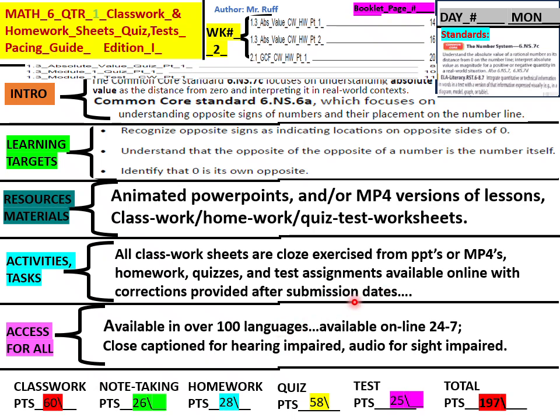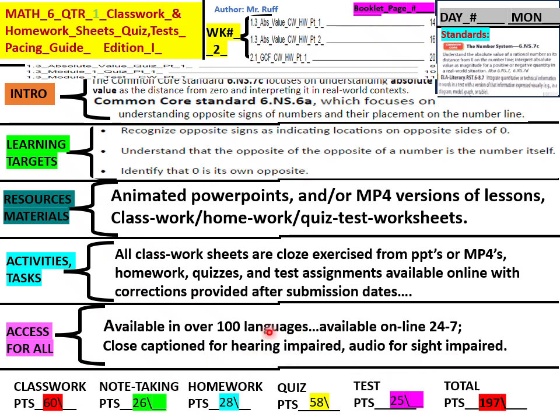Test assignments are available online with corrections provided after the submission date, after the student submits their test or quiz, with access for all.